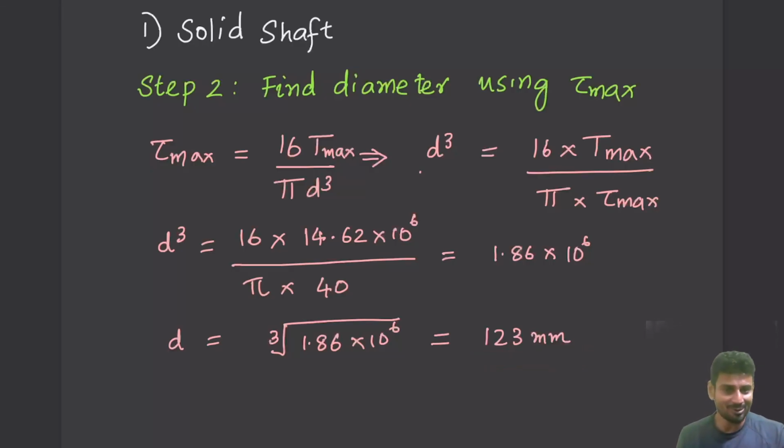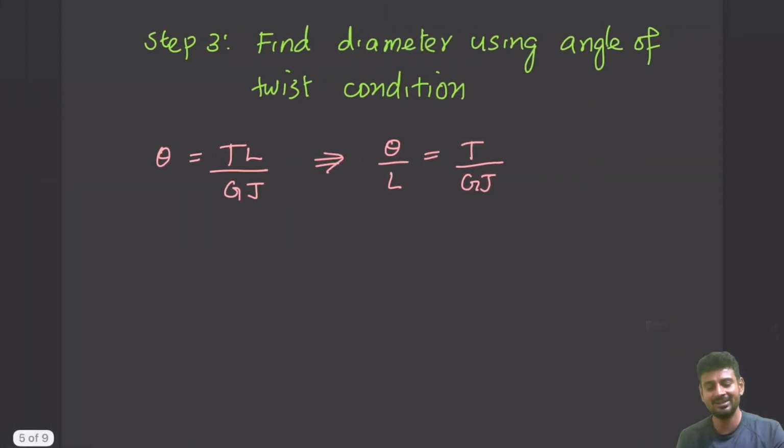But there is also one more condition. That is, the angle of twist should not exceed 1 degree per meter length. So we should satisfy that condition also. How to do that? We have the equation for angle of twist, theta equal to TL by GJ, where T is the torque. We have to use T max here in this equation. L is the length, G is the modulus of rigidity, and J is the polar moment of inertia.